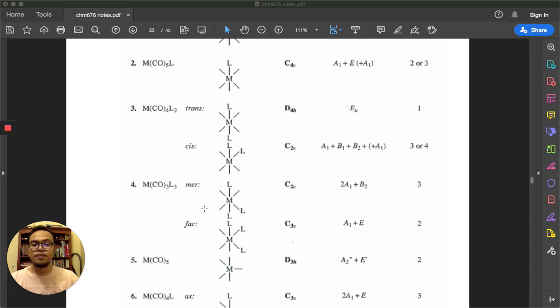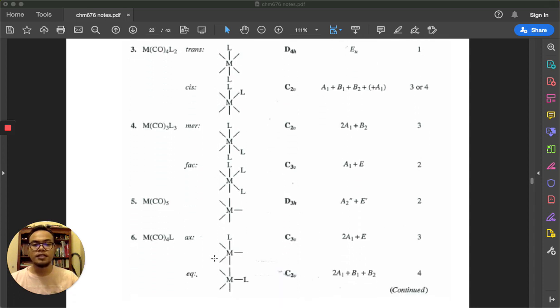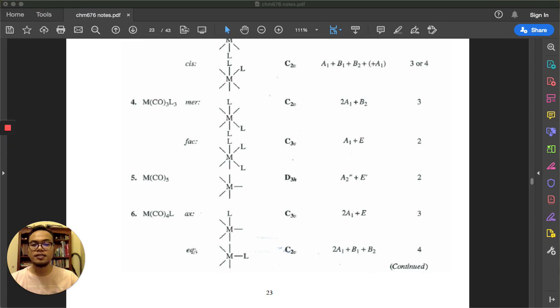Number 4, we have mer and fac. This is your first task today. Can you find the meaning of mer and fac? These are also examples of isomers. For mer we expect 3, and for facial we expect 2. For the rest you can see and read, like we have axial and equatorial.